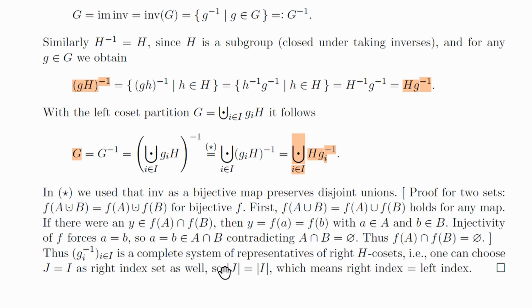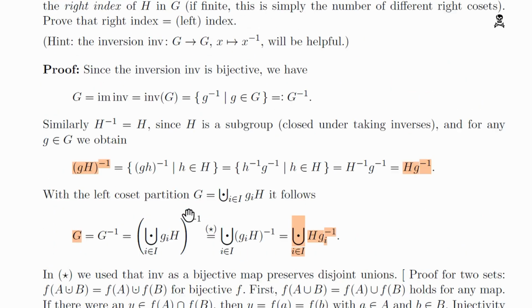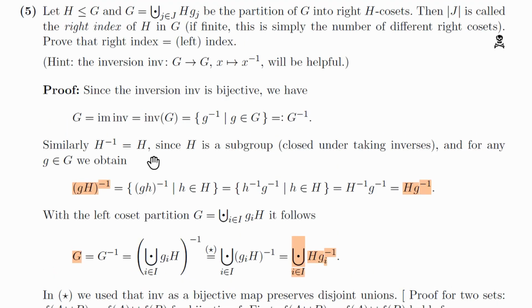So clearly they have the same cardinality, and this means exactly that right index equals left index. This is a non-obvious proof, I think.